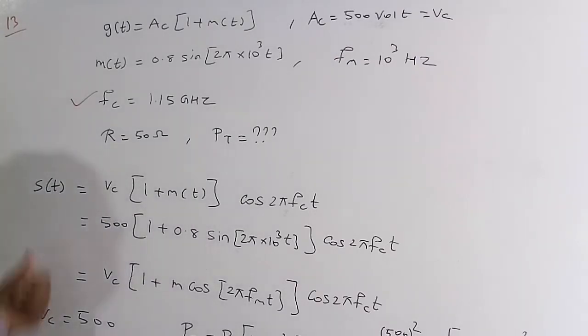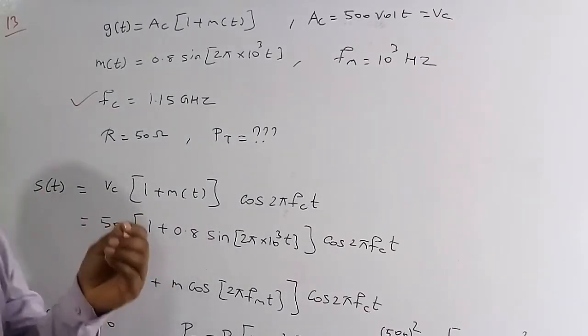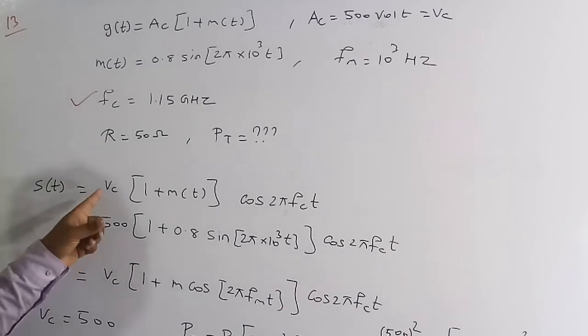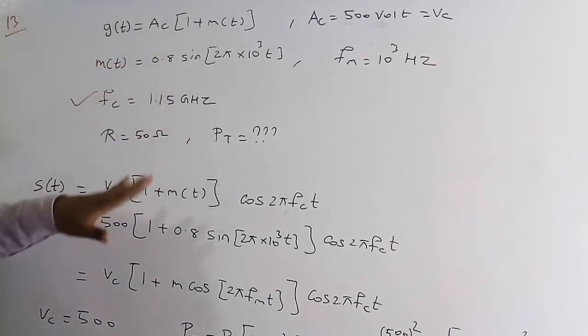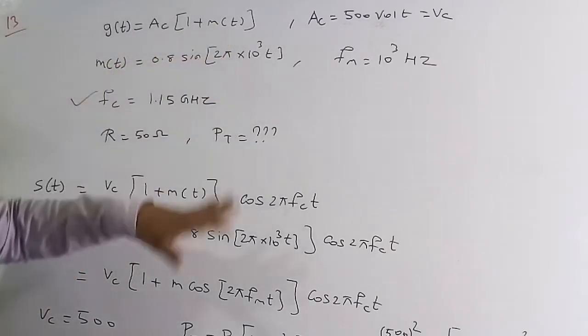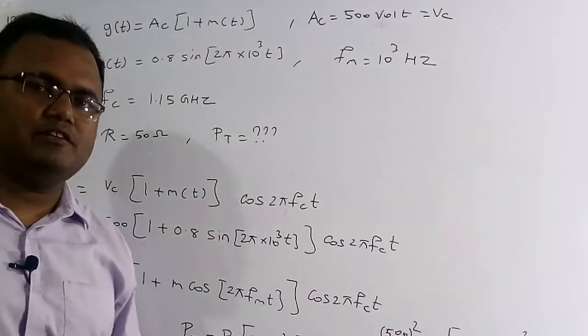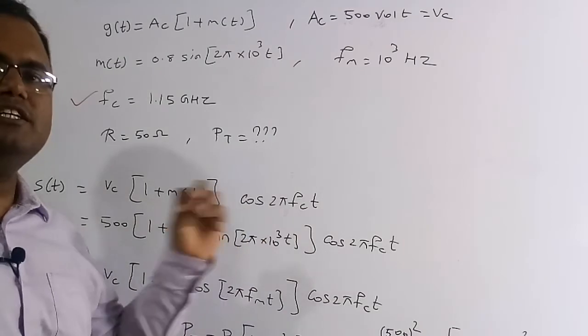Here s of t is the AM wave, and the equation of the AM wave is Vc. In place of Vc I am going to write Vc into 1 plus m of t, multiplied by cos of the carrier frequency, cos of 2 pi Fc t.